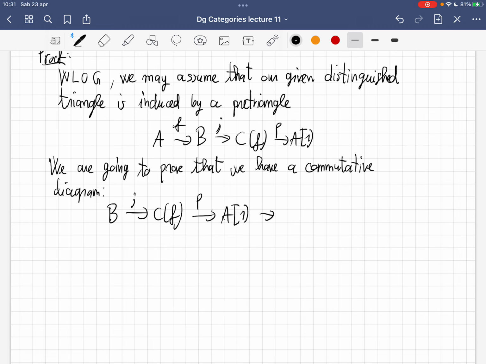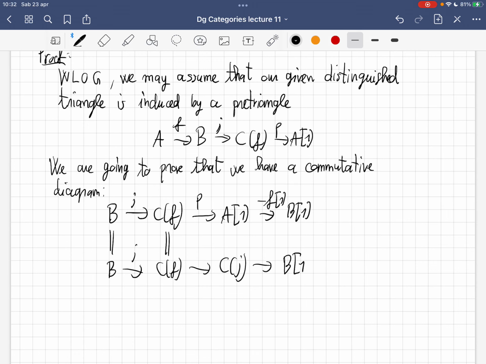First you do this, like above, that's what you have. And then this identity here, this J, but below you really take the cone of J. So you take an iterated cone, because this is a map to a cone, and then you take the cone of this map to a cone. They are both pretriangles. The one below is a pretriangle because by definition it comes from a pretriangle, so it's distinguished.